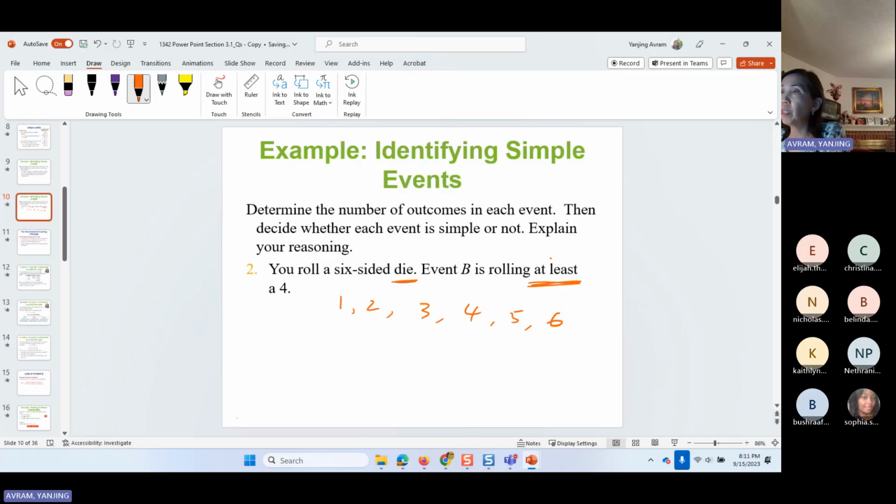What does at least 4 mean? They count the first four, like more than 4. I don't know. Okay, so at least 4 means it's greater than or equal to 4. So that's 4, 5, and what? 6. All right, at least 4, at least also includes 4.